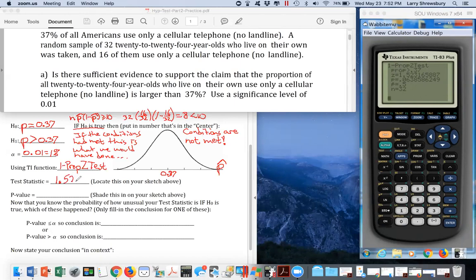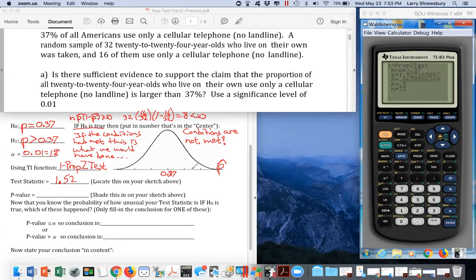Now what does that mean? That means our sample proportion, look, they calculated for us. There's our p hat. Notice that 16 divided by 32 is 0.5. Well, where is 0.5? I know it's to the right here, but how far to the right? It is 1.52 standard errors.